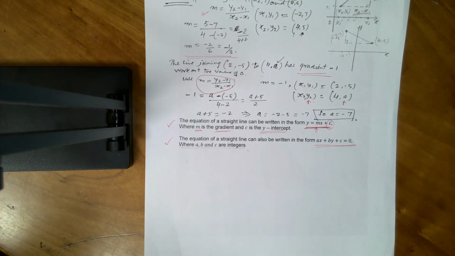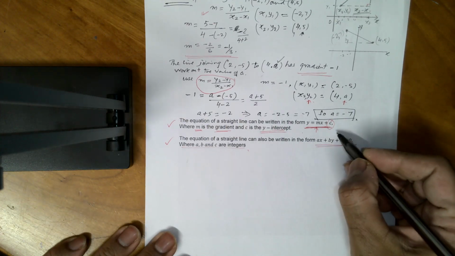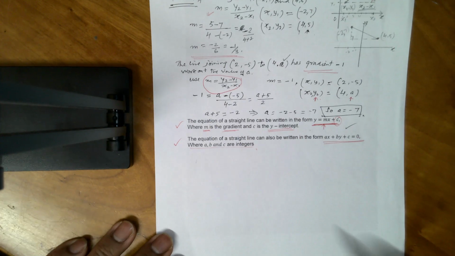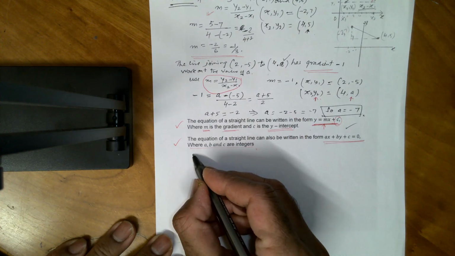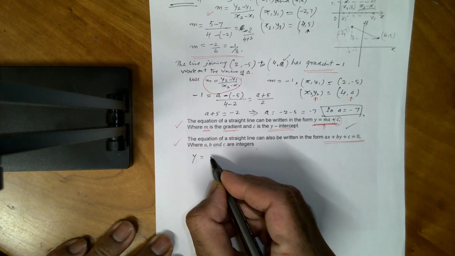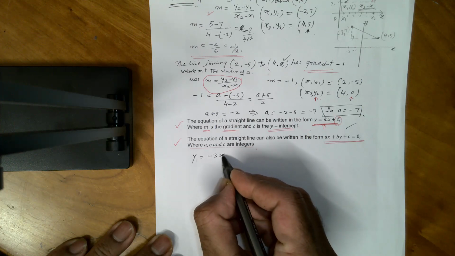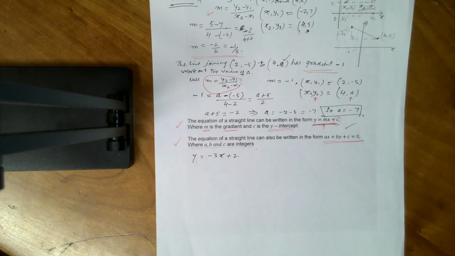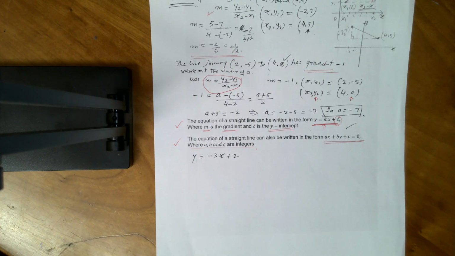The first one is to write down the gradient and the y-intercept, because we talk about y-intercept here. So the next example is asking you, the equation is given to you, which is y equal to -3x plus 2. Okay, so they say this is what the equation is. It's simply asking you to write down the gradient and y-intercept of the line.